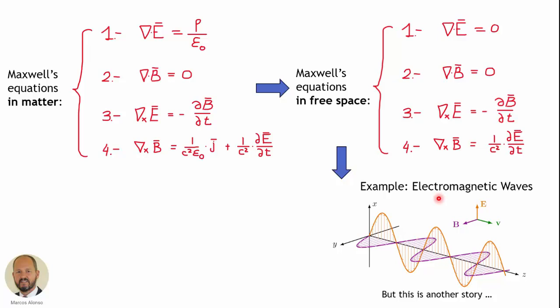And these waves are generated because, as we can see in these two equations, the changes in time of the magnetic field generate an electric field, and the changes in time of the electric field generate a magnetic field. So both fields are sustaining each other, but this is another story that we can deal with probably in a future video.